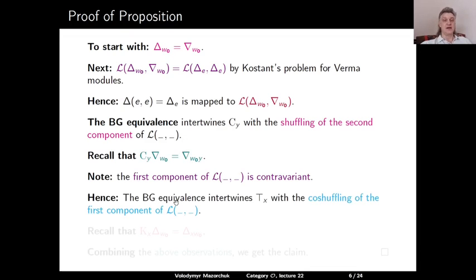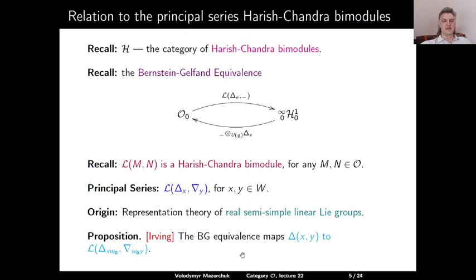And the Bernstein-Gelfand equivalence therefore intertwines twisting Tx with the co-shuffling of the first component of the ad-finite Hom. And we know that the co-shuffling Kx of delta w0 is equal to delta x w0. So putting all these things together, we exactly get Irving's claim that delta x,y is mapped to L(delta x w0, nabla w0 y).